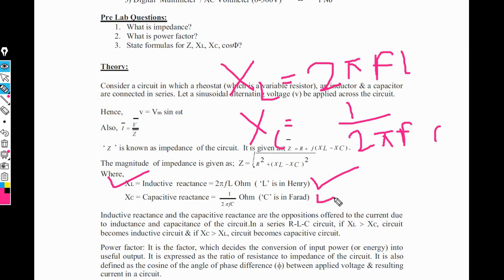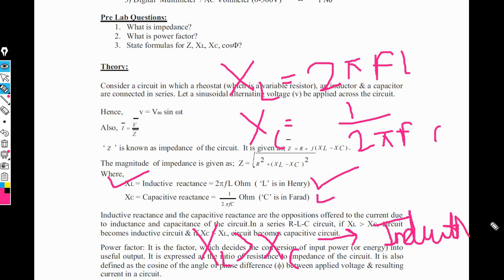Now, if the value of XL is greater than XC, then this circuit is called an inductive circuit.